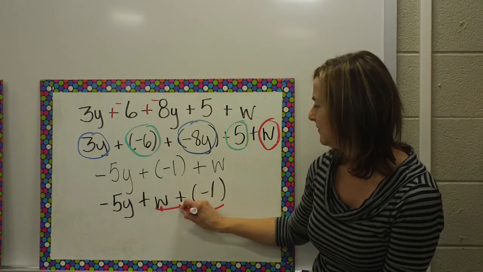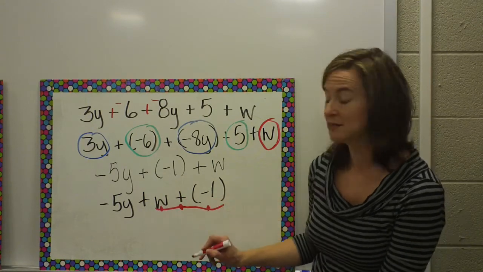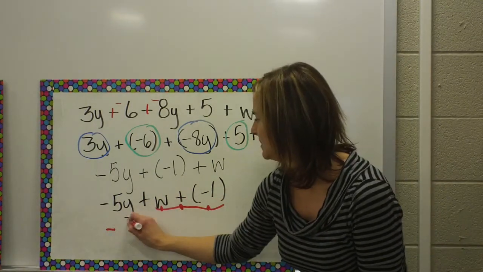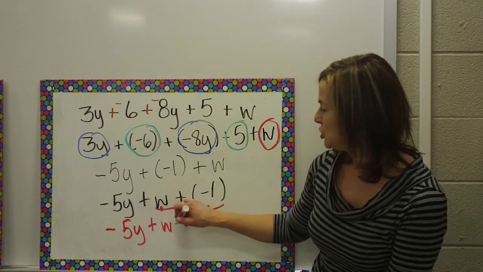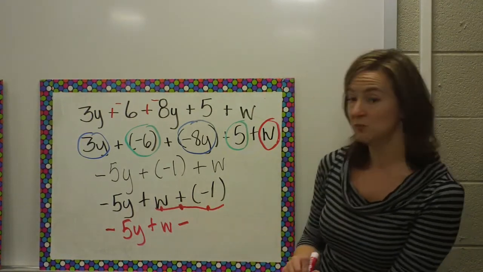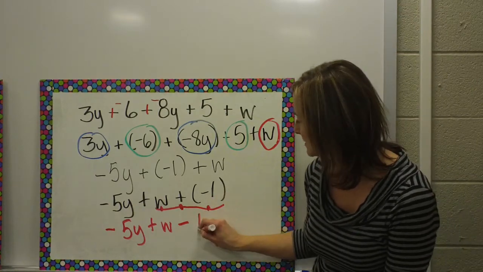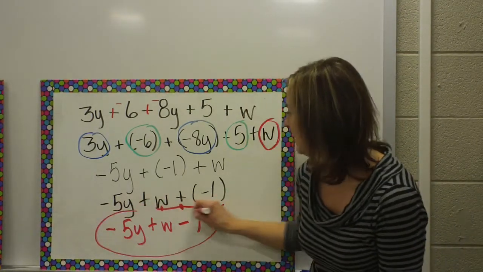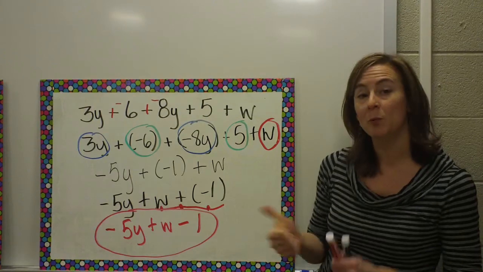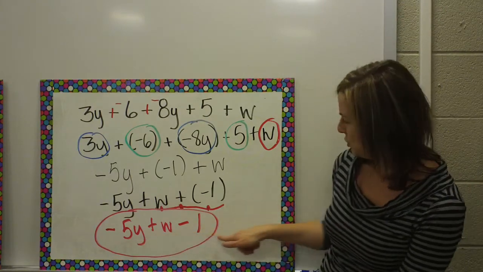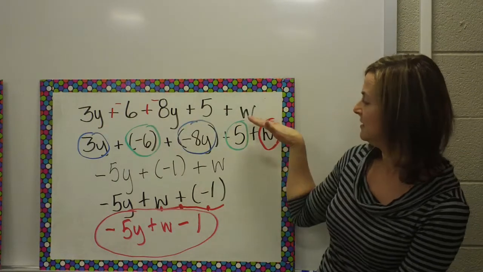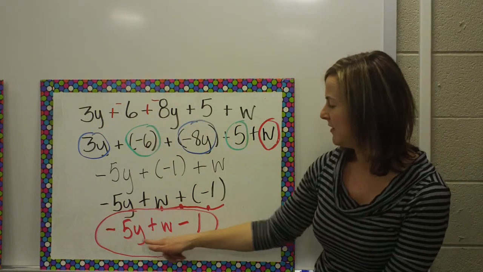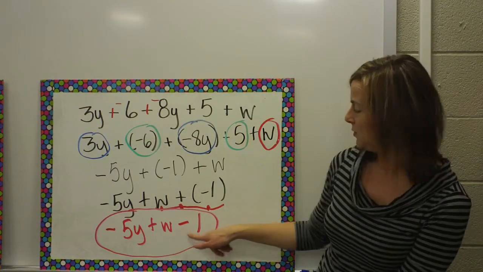Keep this, flip this, and change this. So I have negative 5y and keep my W, change this to subtraction, and then a positive 1. That way, again, I have no parentheses, and I have no like terms to combine. So my final answer from this simplified is negative 5y plus W minus 1.